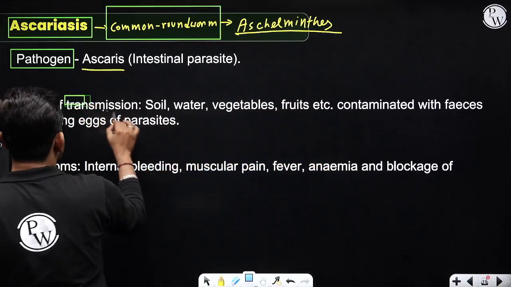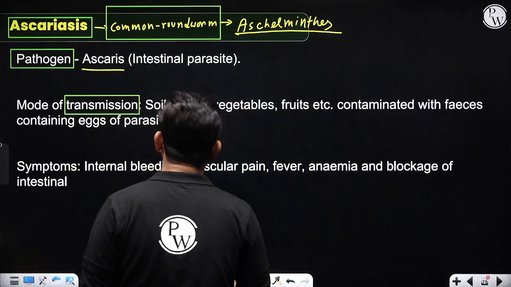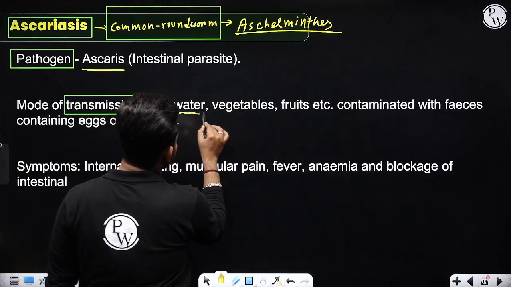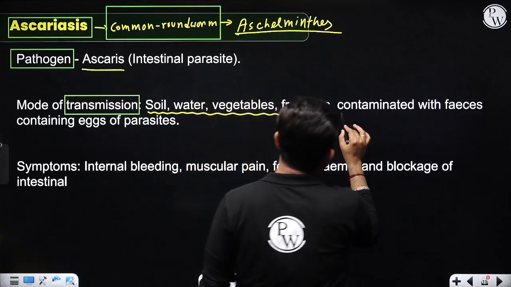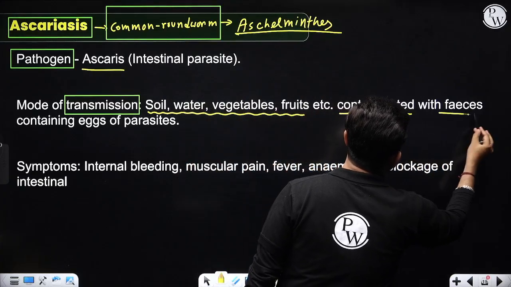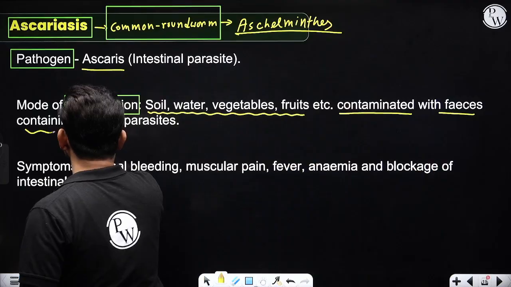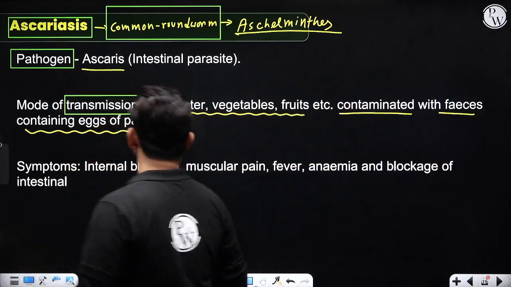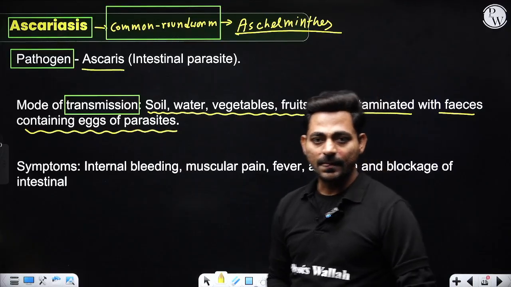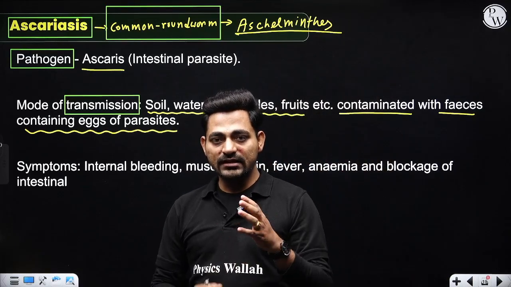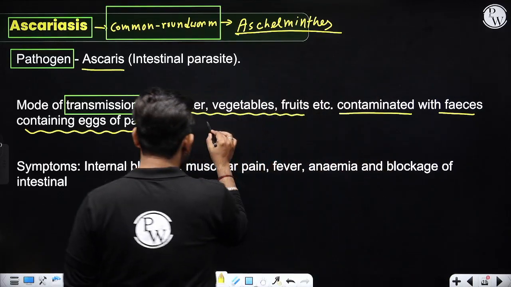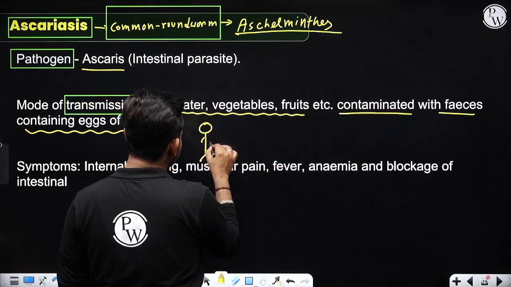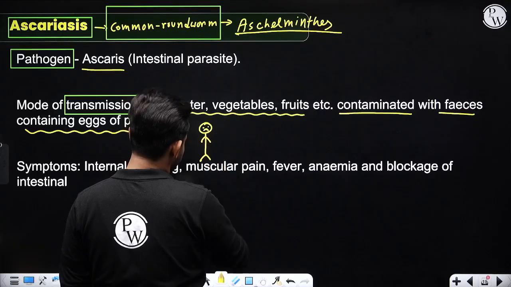Mode of transmission, how it gets inside our body: through soil, water, and vegetables and fruits if they are contaminated with feces containing eggs of parasites. Okay. Now suppose the person is infected by Ascaris.